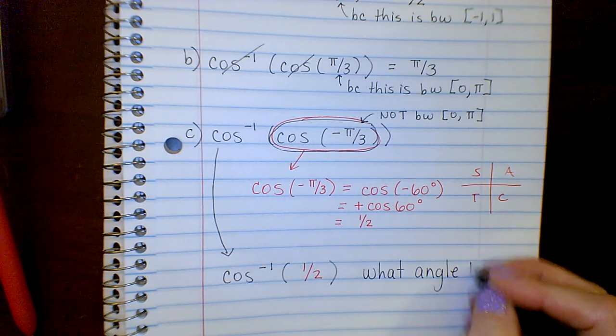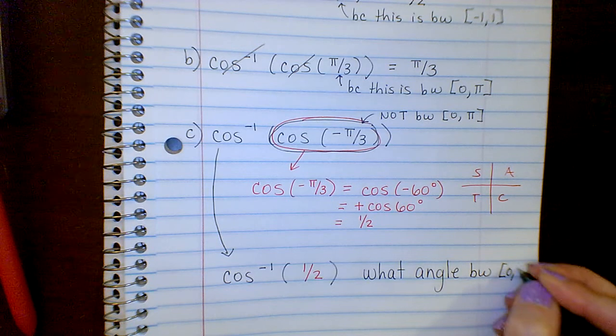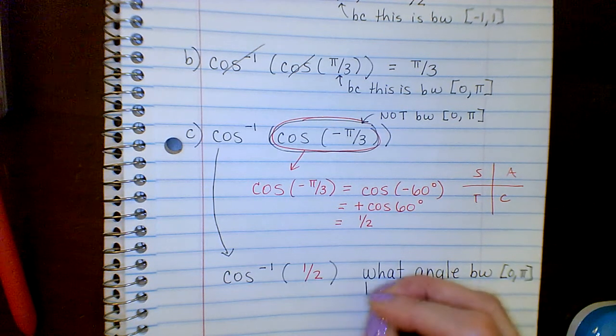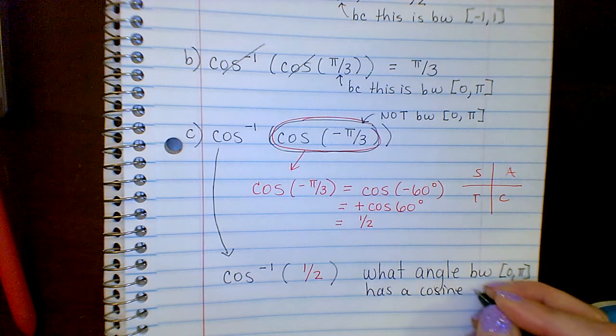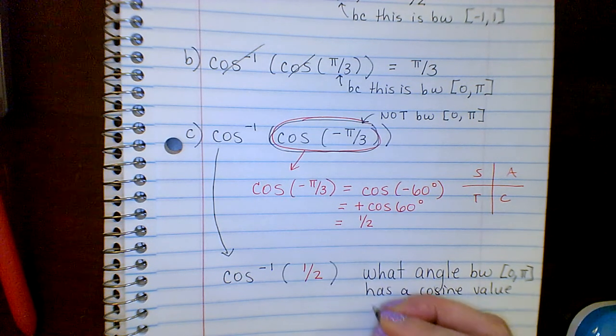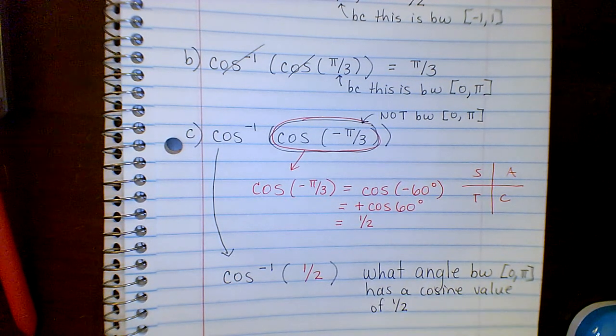What angle between 0 and pi has a cosine value of 1/2, positive 1/2?